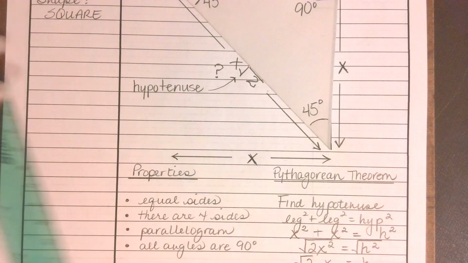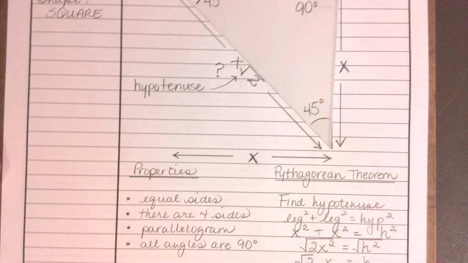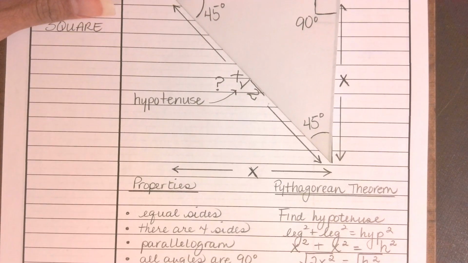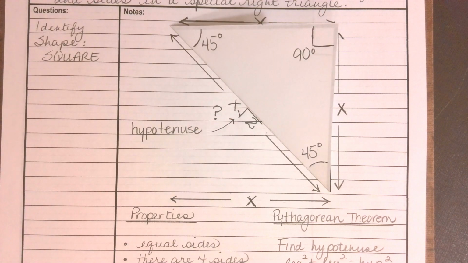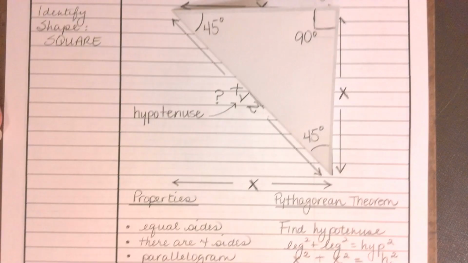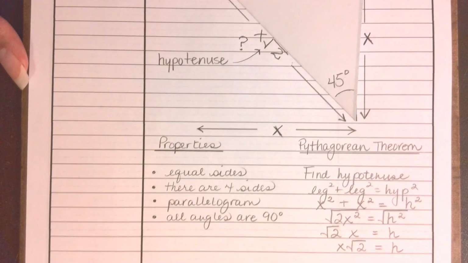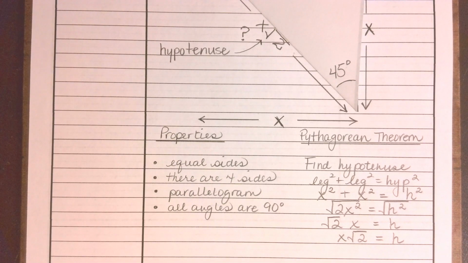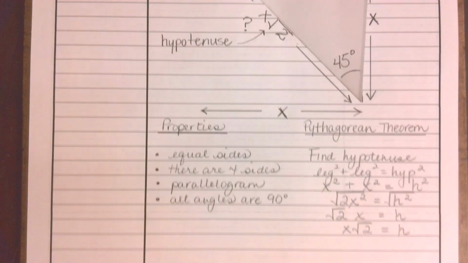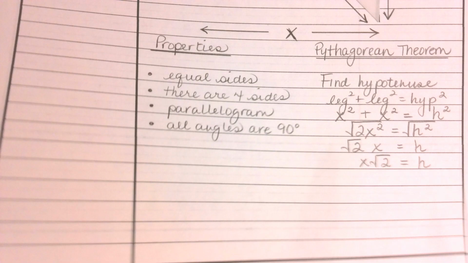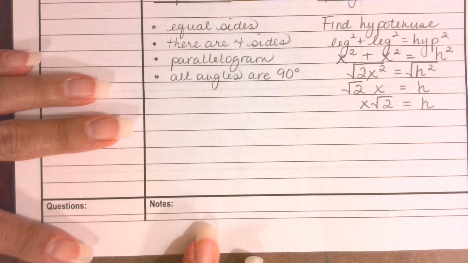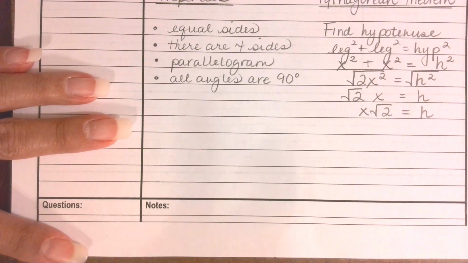So here is how the special right triangle ratios for a 45, 45, 90-degree triangle came about. So over here in conclusion, we're going to write, bring my dot cam a little bit lower. We are going to write down what we have discovered.